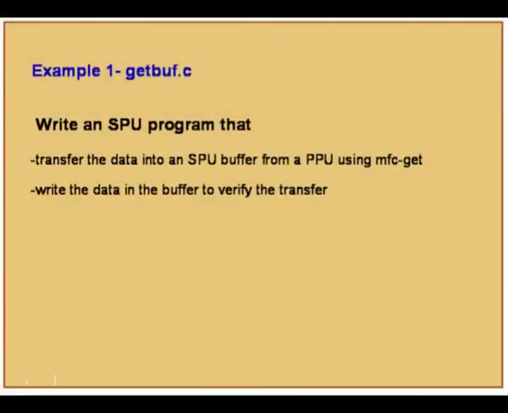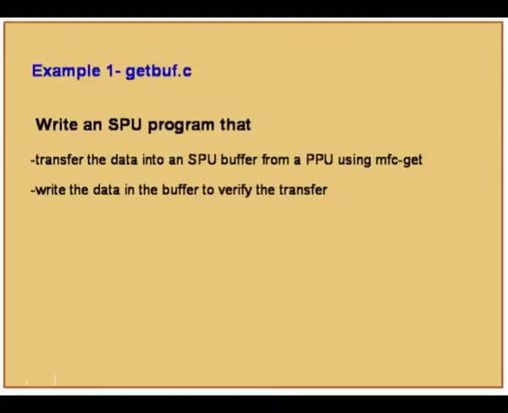So again, we just saw this in the previous presentation. Reading into the local store is using the MFC get operation. So example 1 will be getBuff.c when we are covering all these examples. All it does is write an SPU program that will transfer the data into an SPU buffer from a PPU.